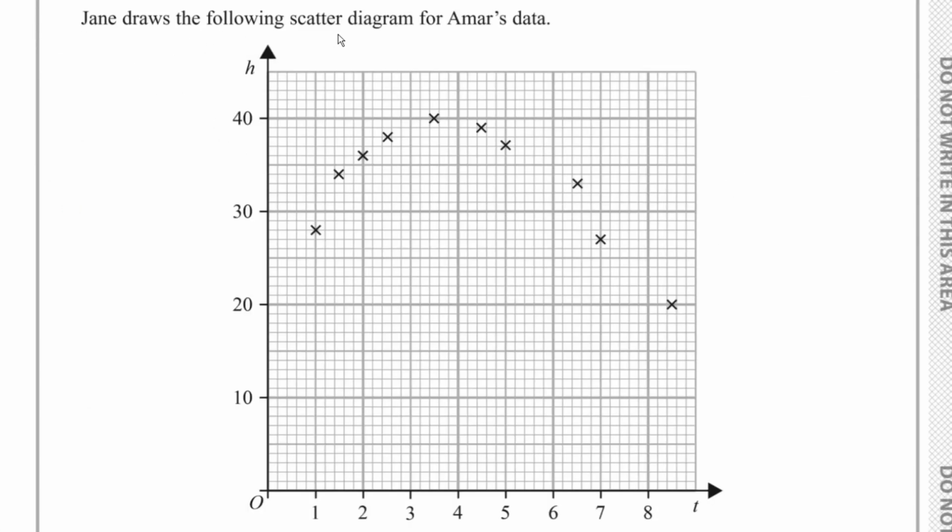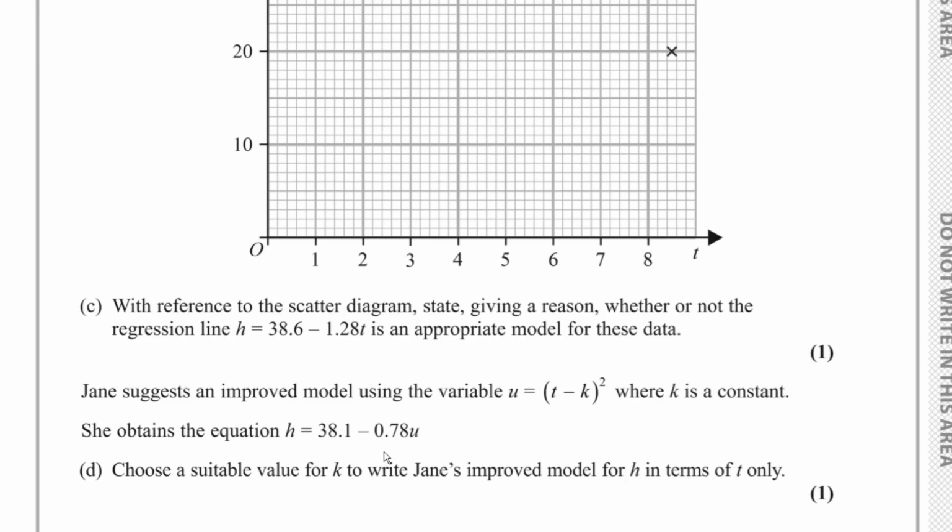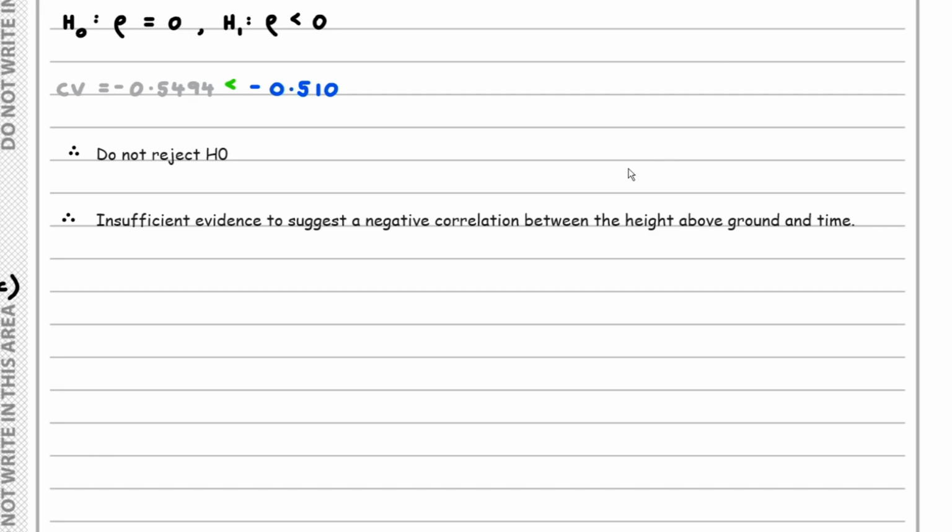Jane draws the following scatter diagram for Amar's data, and that's what we see here. Part C. With reference to the scatter diagram, state, giving a reason, whether or not the regression line h equals 38.6 subtract 1.28t is an appropriate model for these data. Well, we have the equation h equals 38.6 subtract 1.28t.